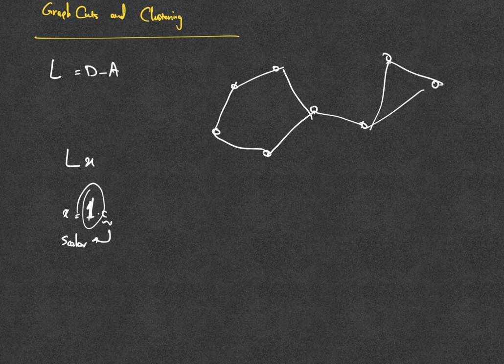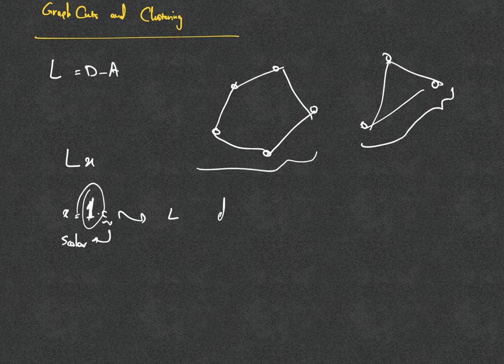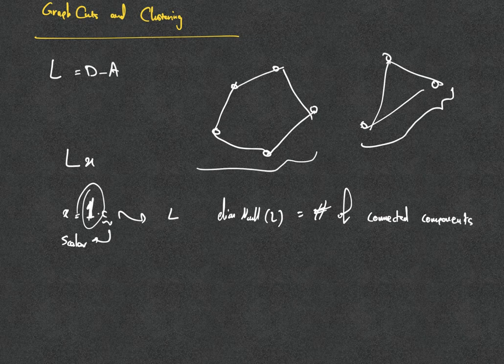And then we discussed that if we, for example, sever a connection, meaning that, let's say we remove this one, now the option that you have is that you can assign a fixed number to this and assign a fixed number to this, and we realized that the number of 0 eigenvalues of L, or in other words, the dimension of the null space of L, was equal to the number of connected components. And this was one way of clustering the nodes based on the connected component that they belong to.